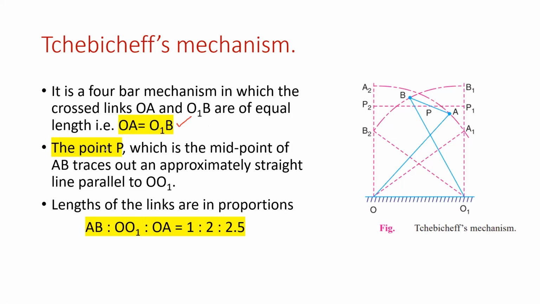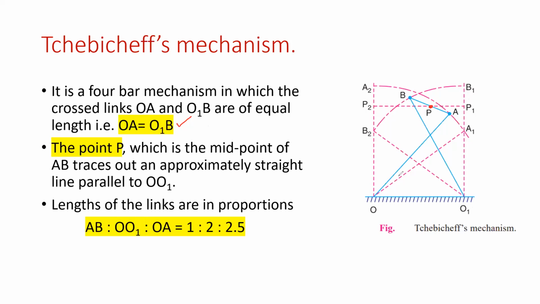Okay, the point P, which is the midpoint of AB, see here, this particular point, traces out an approximately straight line P1 P2, which is parallel to O1 O.